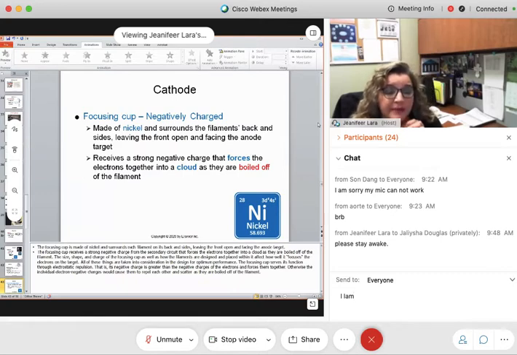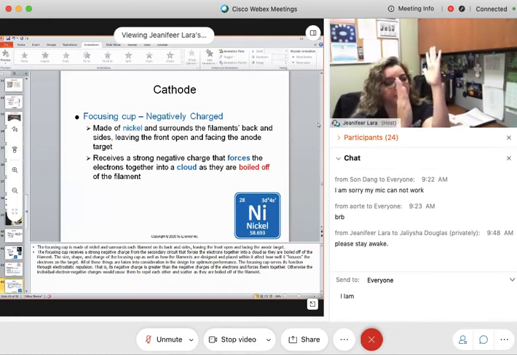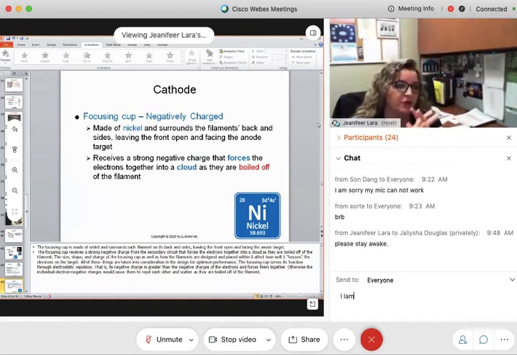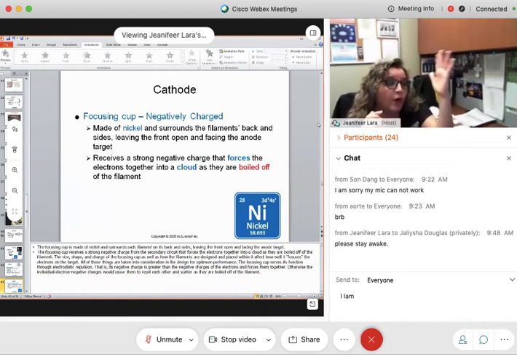It surrounds both filaments, which is why you'll hear the term dual focusing cup, because it houses a large filament and a small filament. Those filaments are usually parallel to each other. You activate one or the other.